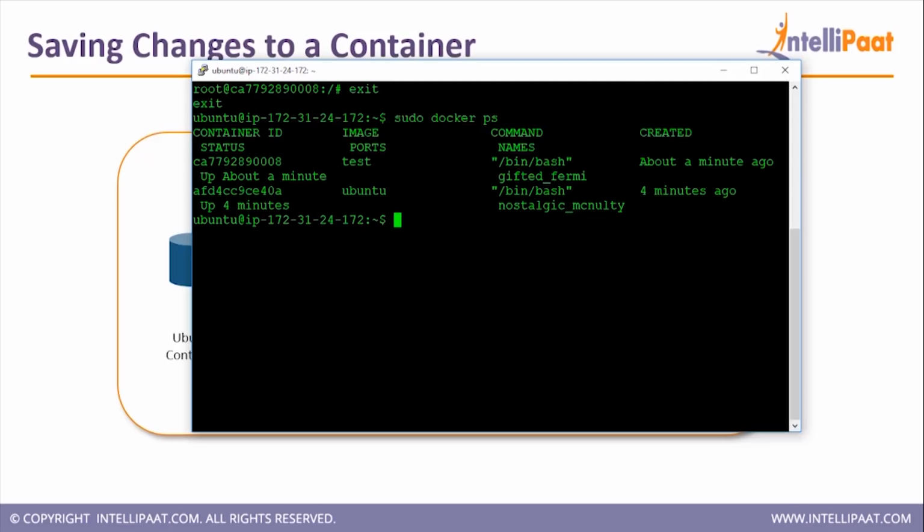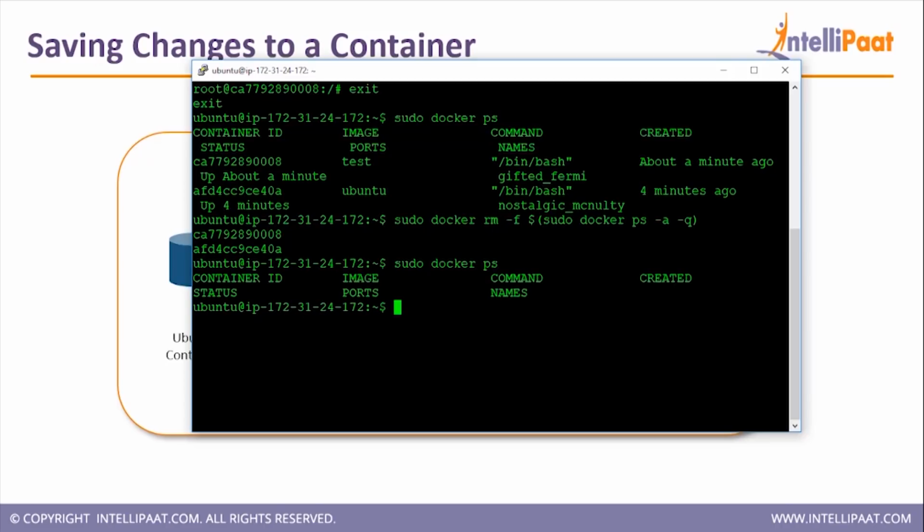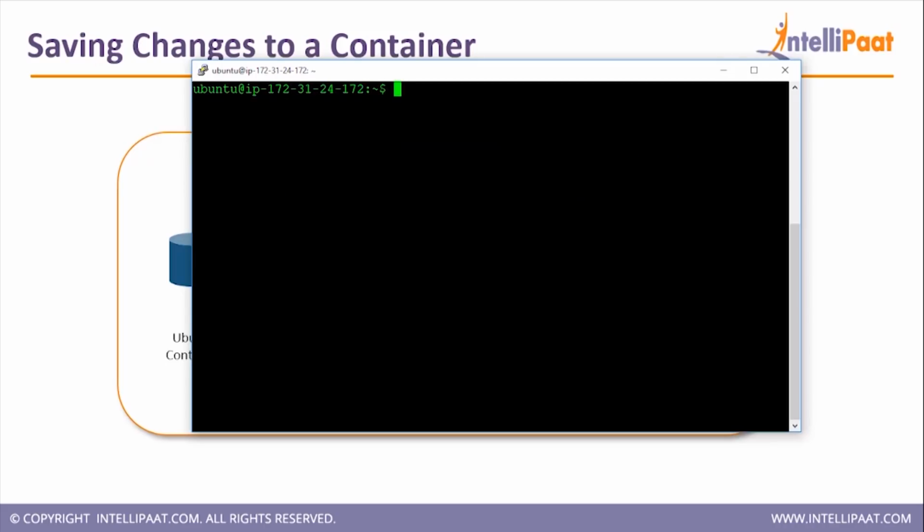The shortcut to remove all the containers at once is the command sudo docker rm -f and then pipe it with another command, that is the sudo docker ps -a and then -q. You pass in this command, it would remove all the containers which are present in your system. So if I do a sudo docker ps now, you can see there are no containers running anymore.